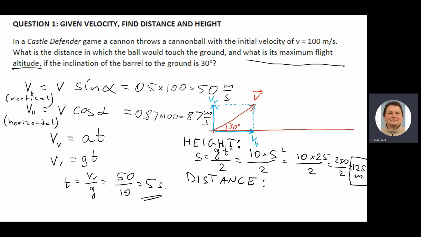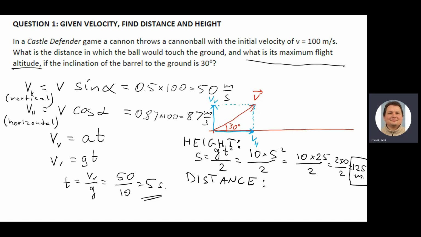They calculate the time from the correct formula and get 5 seconds, and then think, okay, vertical speed is 50 meters per second. In 5 seconds, it's 50 times 5, 250. Okay. No, because this is the accelerated motion. In case of ascending, it's decelerating motion. So you have to use this formula here, gt squared over 2, not just velocity times time.